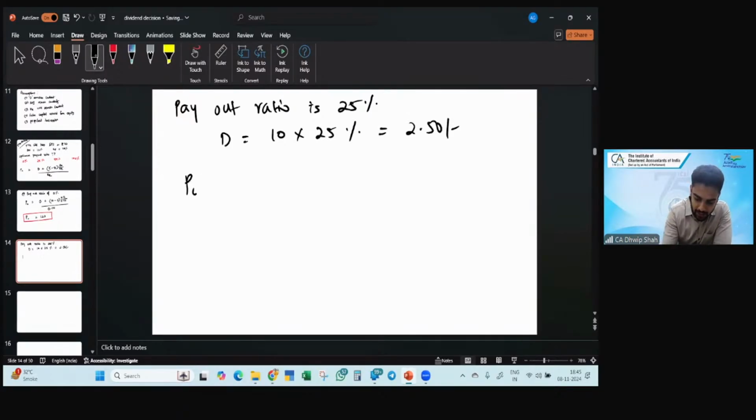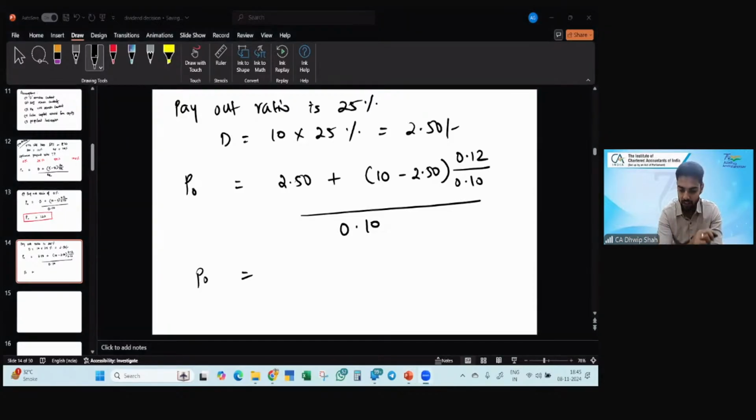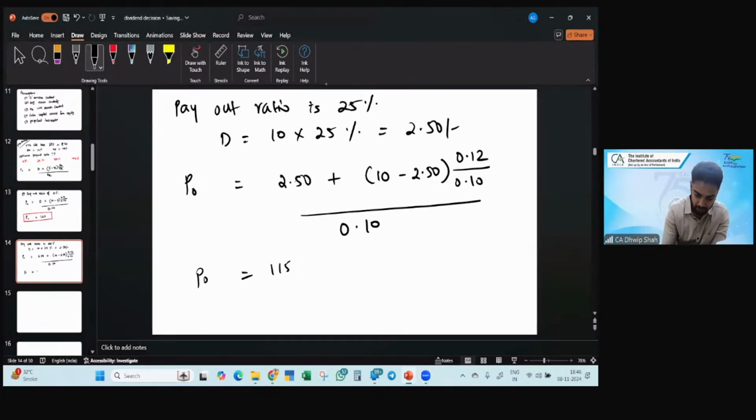So market price is equal to 2.5 plus earnings 10 minus D 2.5, multiplied by 0.12 upon 0.10, the whole upon 0.10. Please calculate when the payout ratio is 25%. 115. 115 is correct.